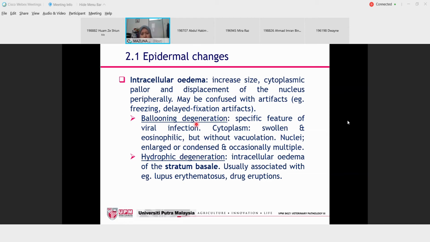This is a specific feature of viral infection. What happens is that the cytoplasm of the cell becomes swollen and redder, or eosinophilic, but there is no vacuolation in the cell. And the nuclei will often be enlarged or condensed and occasionally multiple. Okay, for hydropic degeneration, there is intracellular edema of the stratum basale, usually associated with a condition like lupus erythematosus or even drug eruption.